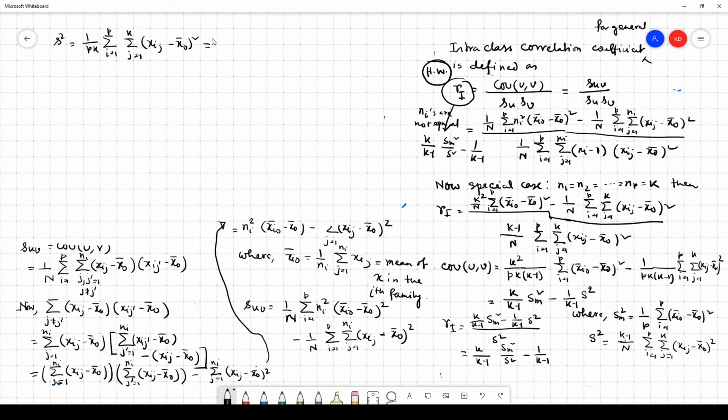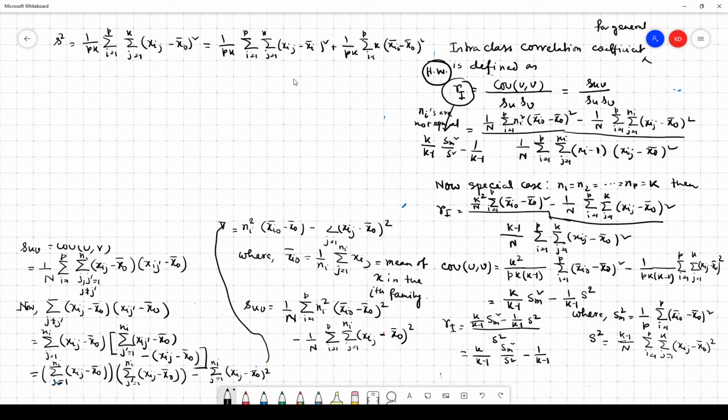We can write this as 1 by pk sum over i from 1 to p, j from 1 to k, xij minus xi naught bar whole square, plus 1 by pk sum over i from 1 to p, k into xi naught bar minus x naught bar whole square.